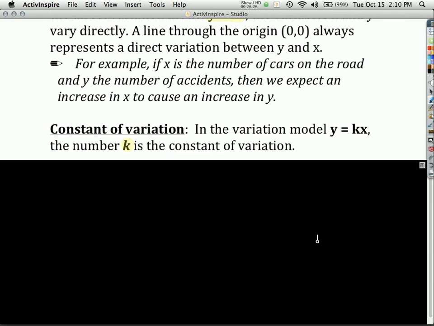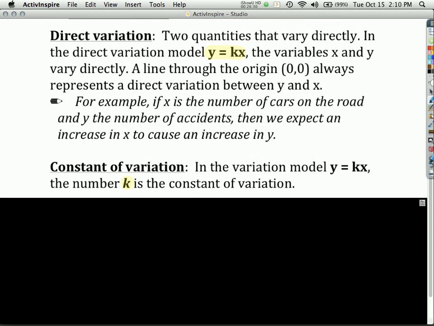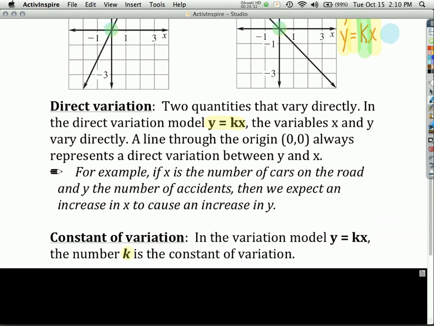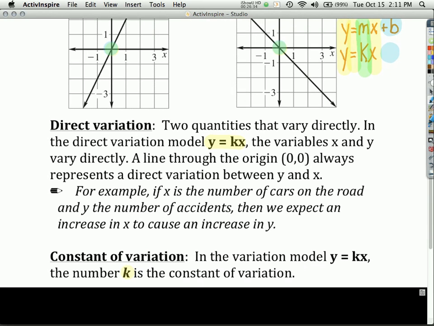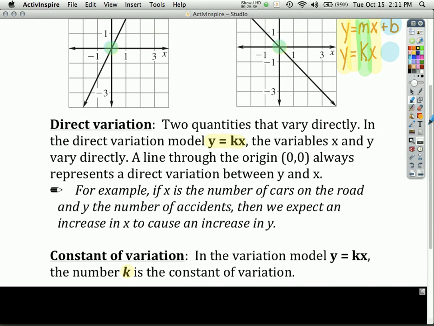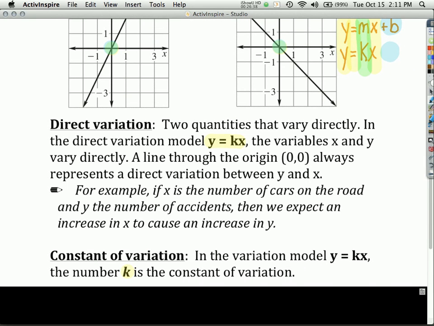Can someone who's working at a high level this afternoon and looking at what I've written out so far give us another word or phrase that is synonymous with constant of variation? What's another word or phrase that means the same thing as constant of variation? Michaela?